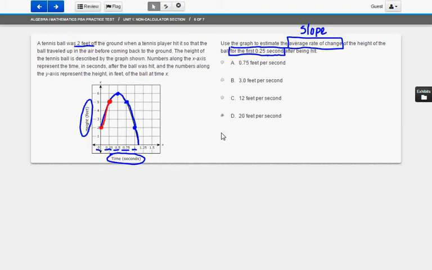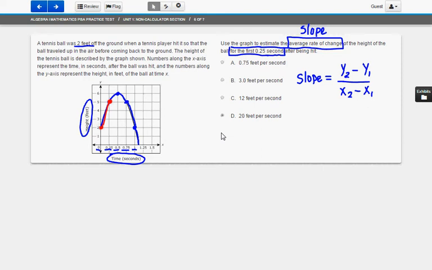If I want to find the slope between those 2 points on the graph, we can use this formula here. Slope equals y2 minus y1 over x2 minus x1.